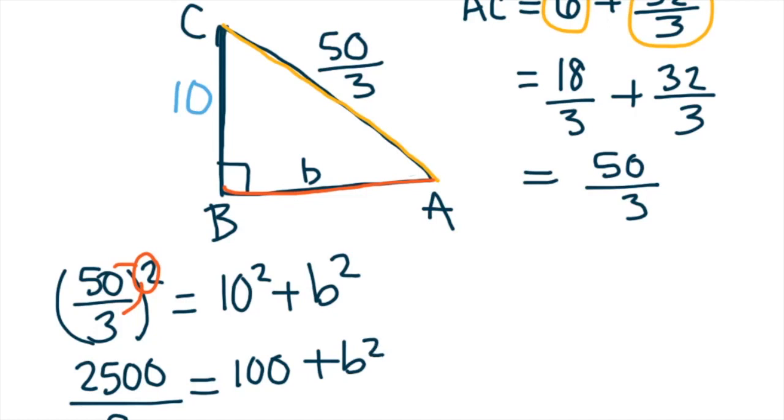Now to make our lives a little bit easier, because that 2,500 over 9 is a little bit ugly, let's just get rid of that denominator. So let's multiply everything by 9.